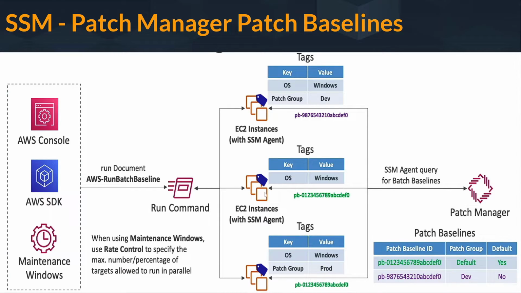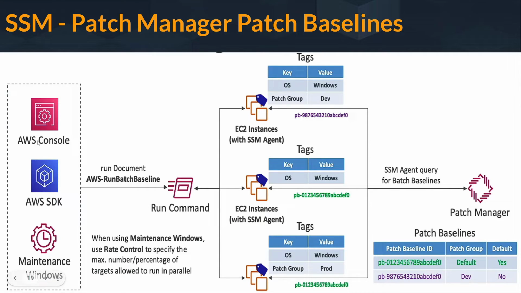So what will happen? Suppose these are all the instances. In Patch Manager, in the patch baseline, you will be specifying the patch baseline ID and patch group. The first baseline is the default, and the second one is dev, and it is not the default, so it is set to no. Here is your AWS Systems Manager, where you have things predefined like the AWS console, AWS SDK, and maintenance windows.